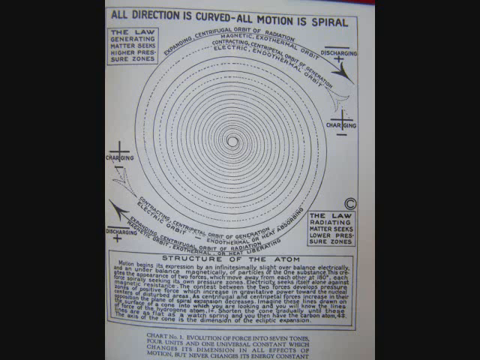Structure of the atom. Motion begins its expression by an infinitesimally, that's a long word, infinitesimally slight overbalance electrically, and an underbalance magnetically of particles of the one substance. This creates the appearance of two forces, which move away from each other at 180 degrees, each force spirally seeking its own pressure zones.